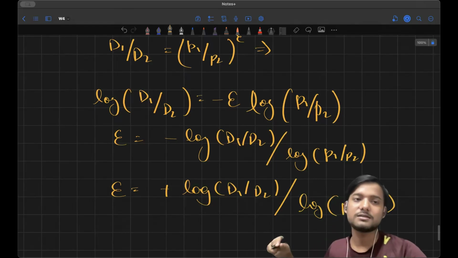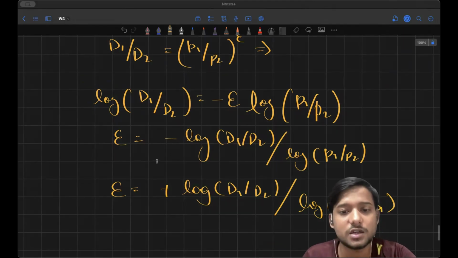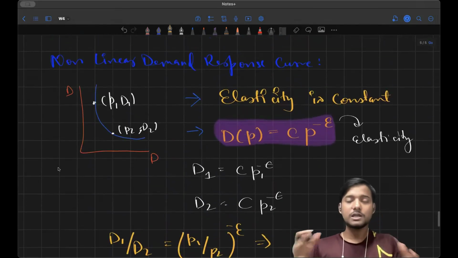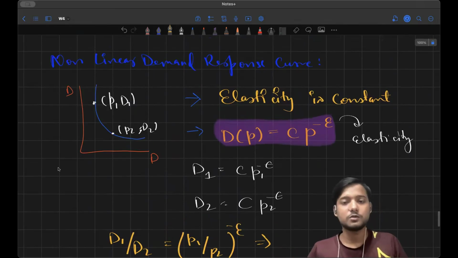So I took that minus inside and then I just flipped the signs. This is one thing which we can do. And we should be very cautious of this, because whenever you hear the words elasticity is constant, or you see any question which says elasticity is always constant, we use this equation.